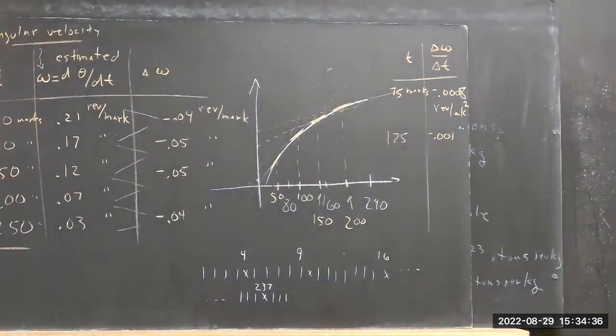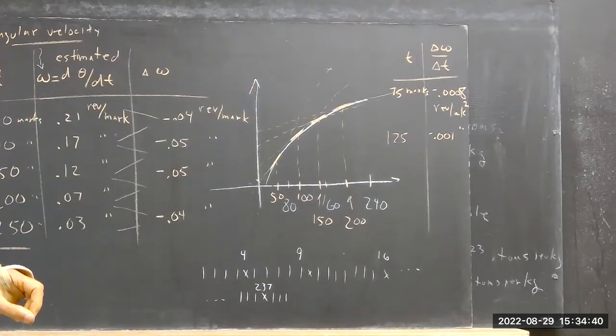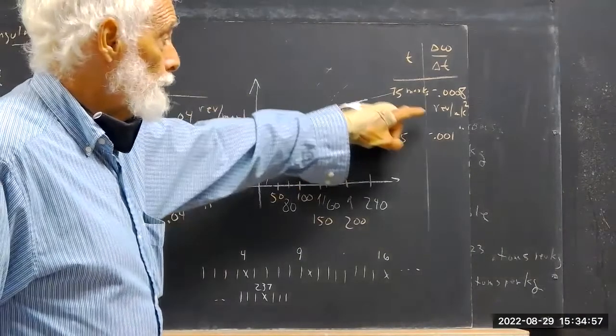We don't expect that applies to the 50 mark time or to the 100 mark time. We're going to assume that it corresponds to halfway between 50 and 100 marks, which would be 75 marks.